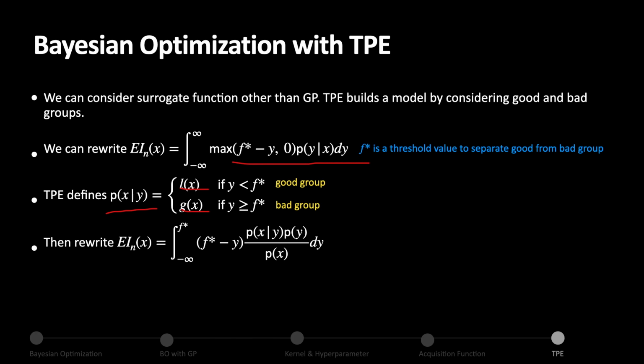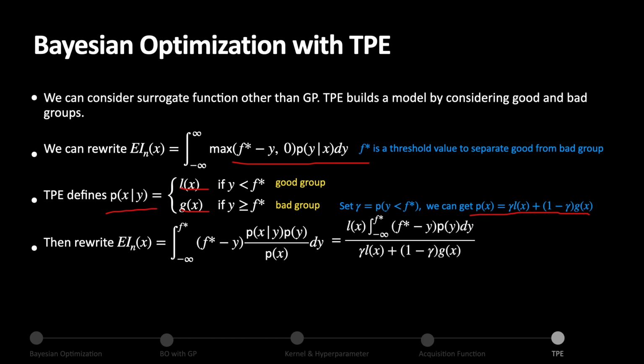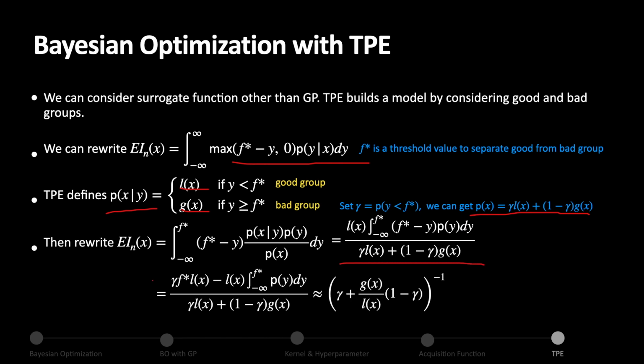We set gamma equal to the probability of y smaller than f star, and we can get p of x equal to gamma l of x plus 1 minus gamma times g of x. So we can rewrite this function and approximate it as gamma plus g of x divided by l of x times 1 minus gamma, and take the inverse.